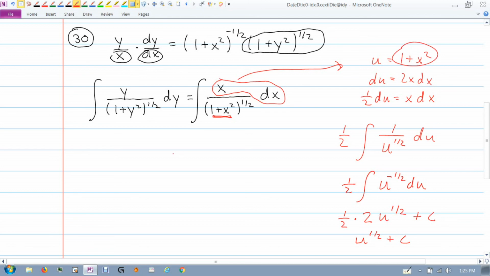So this integral on the right-hand side becomes 1 plus x squared to the 1/2 plus some constant. And then using the same property, the other side's going to do the same thing. 1 plus y squared to the 1/2, and then plus a constant, but I don't need to concern myself with that. So there it is, and we are done.